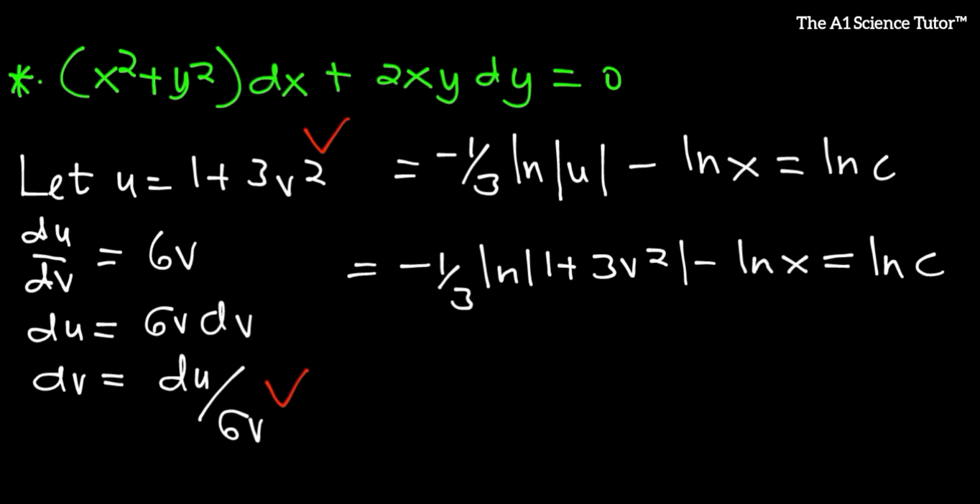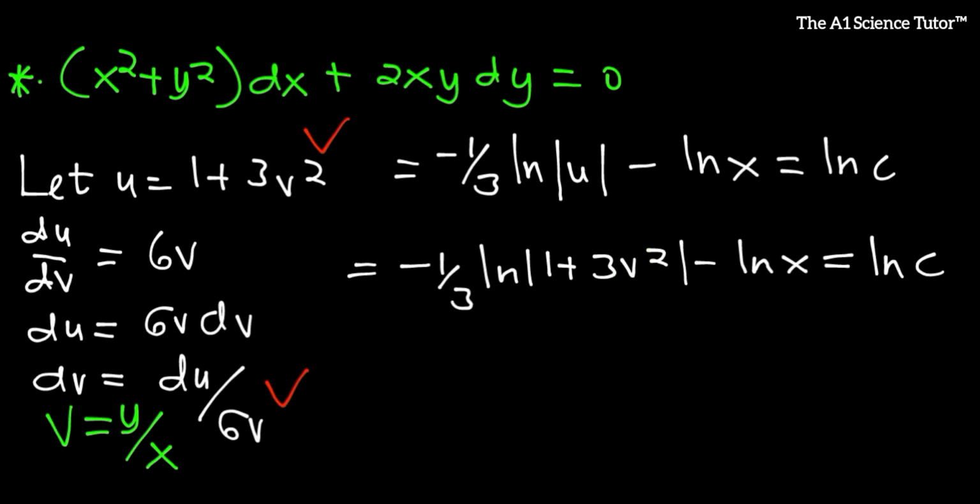Now we also know what v is, right? We said v is equal to y over x. So if you actually want to find the solution to this problem, you need to take everything back to the original variables. And there wasn't a v in the original. So that is why we need to do that.